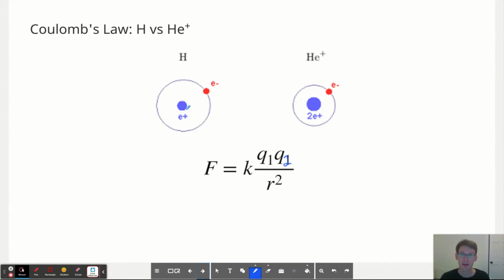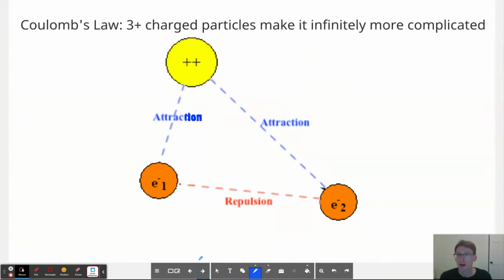In this case, the electron is in the same shell for both, but the helium ion has a more positive nucleus, so there will be a stronger attraction between the nucleus and the electron in He+ than in hydrogen. So that's manageable, but when we get to more charged particles than 2, it really complicates things.